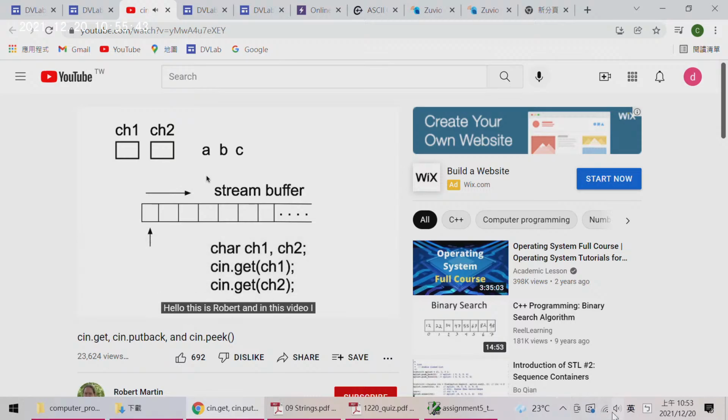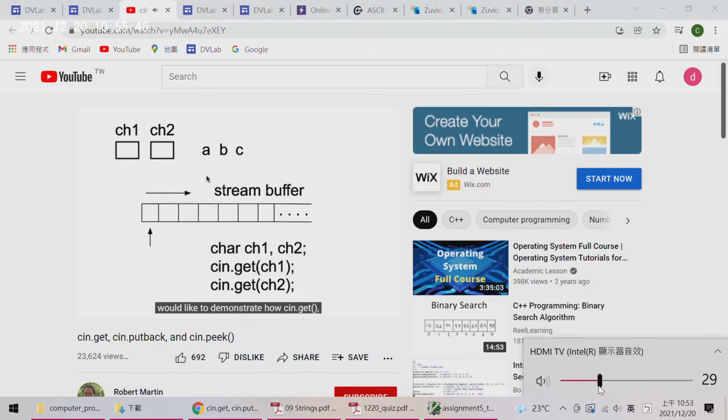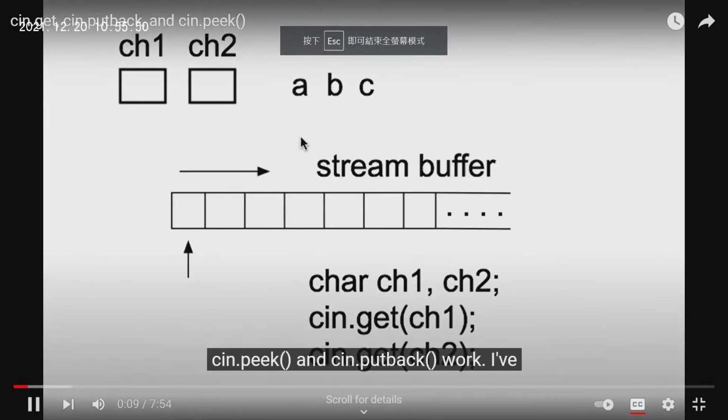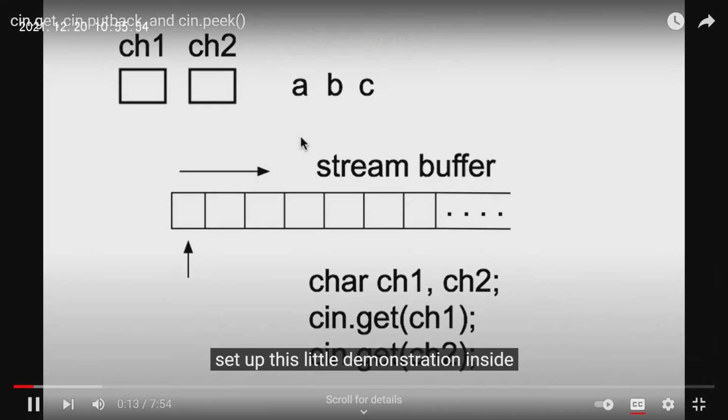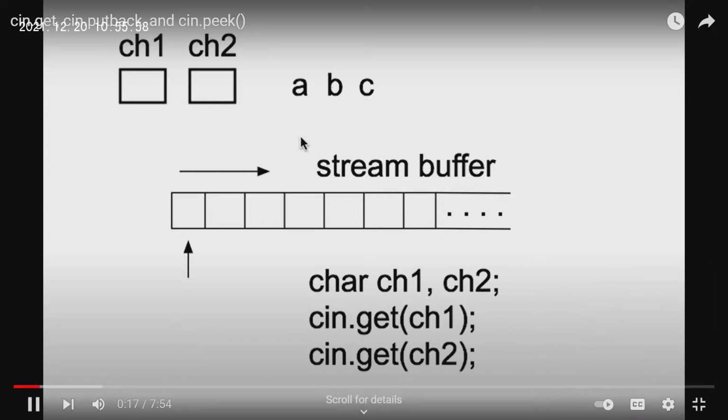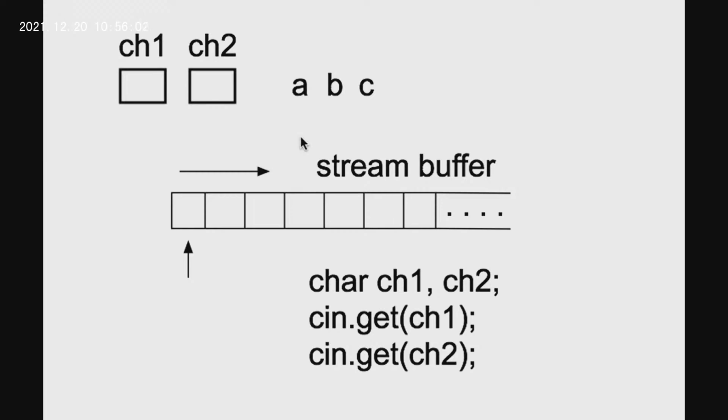Hello, this is Robert, and in this video I would like to demonstrate how cin.get, cin.peek, and cin.putback work. I've set up this little demonstration inside of a graphics program so that I can represent what's going on graphically. I set up a stream buffer here, controlled by the operating system.